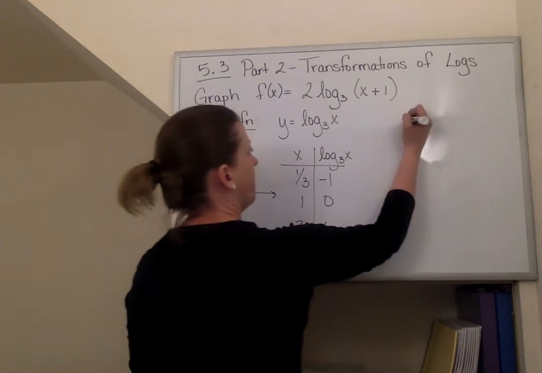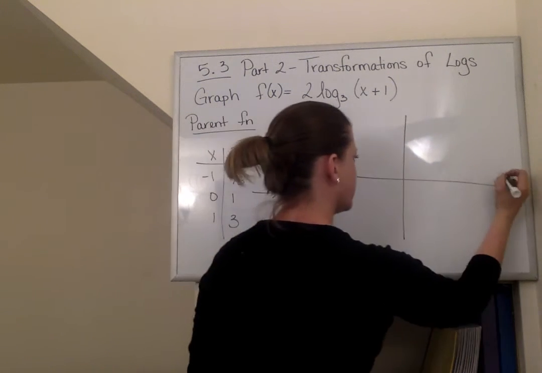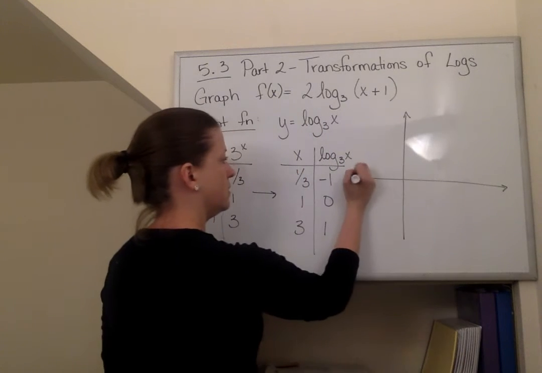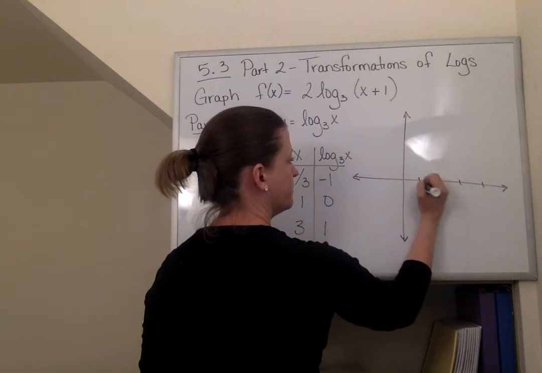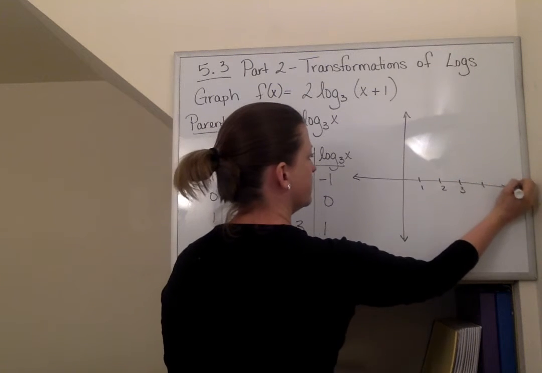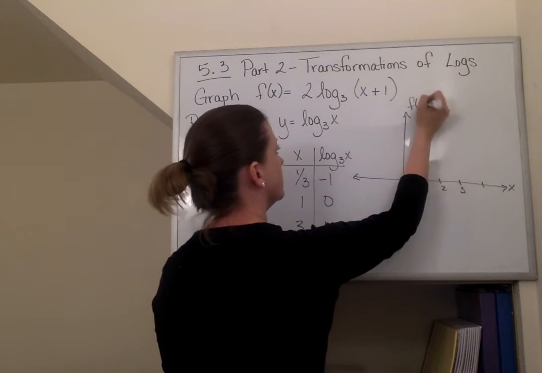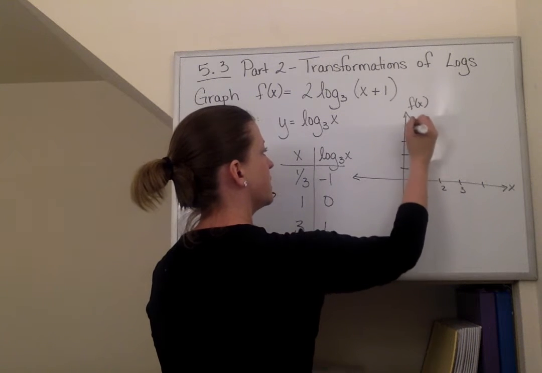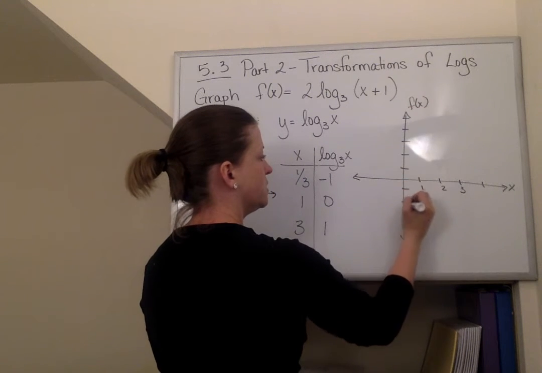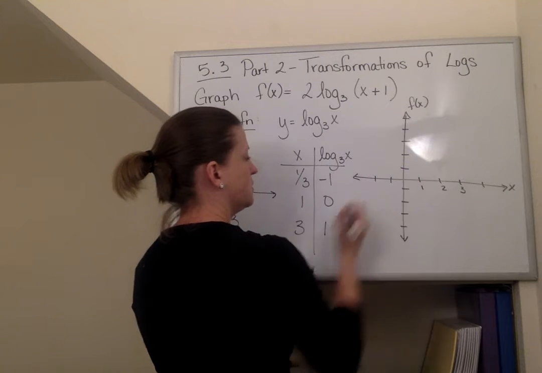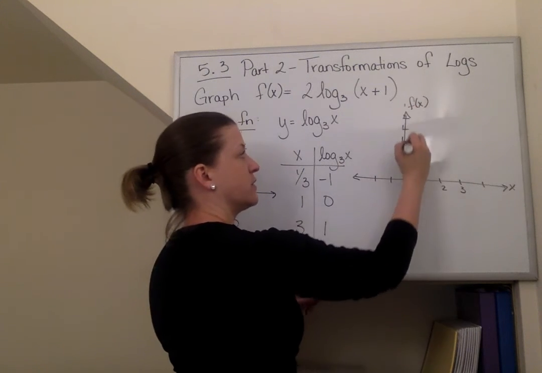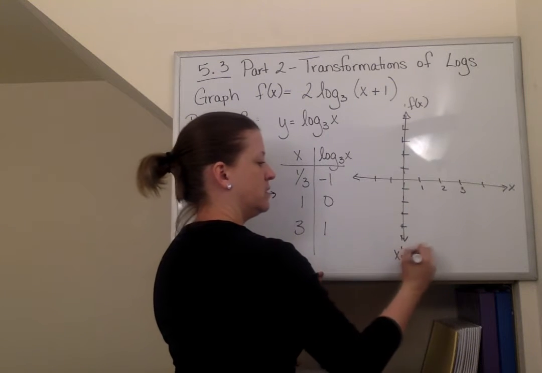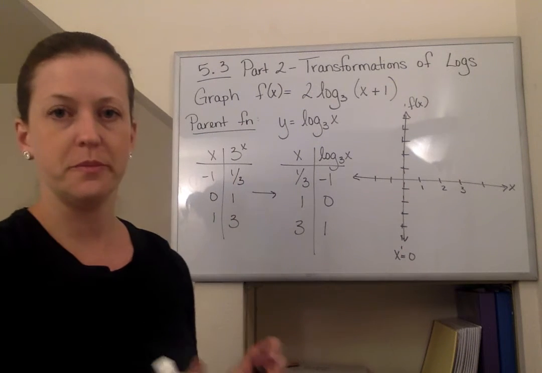So my parent function always has this vertical asymptote at x equals 0.